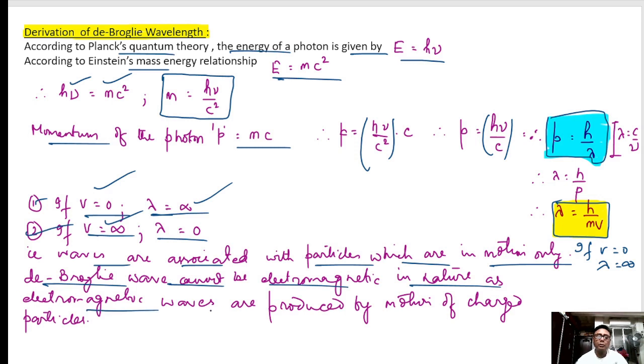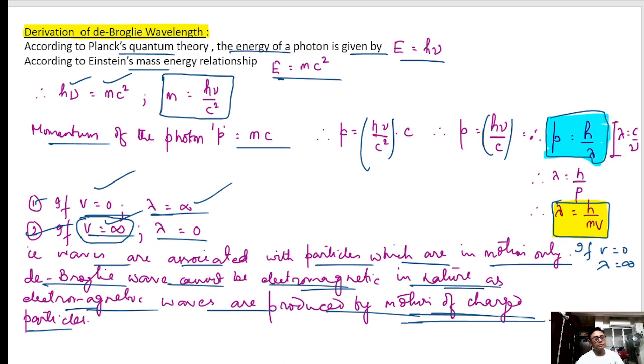Now we know electromagnetic waves are produced by motion of charged particles. That means when there is a motion of the particle, only then do we get the wavelength. So they are telling that de-Broglie waves cannot be electromagnetic waves in nature, as electromagnetic waves are always produced by motion of charged particles.